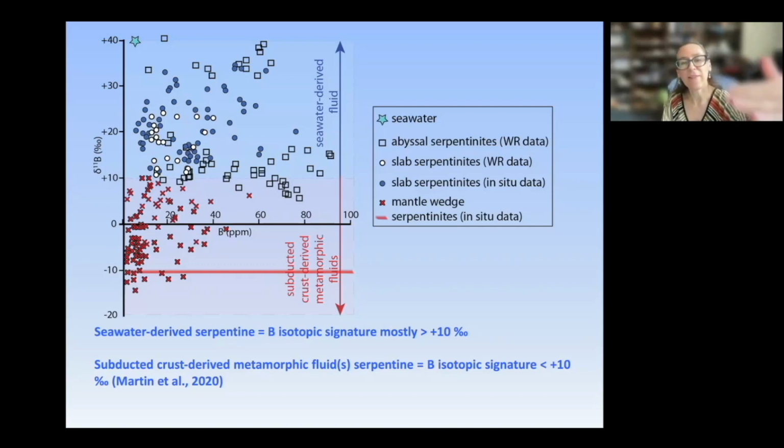So we really have that threshold, I would say, at +10 per mil that allows us to interpret much better, rather than just saying, hey, that's subduction zone serpentinites. Well, we have some for which the fluid is indeed coming from the subduction, and we have another half above 10 per mil for which seawater was responsible for serpentinization.